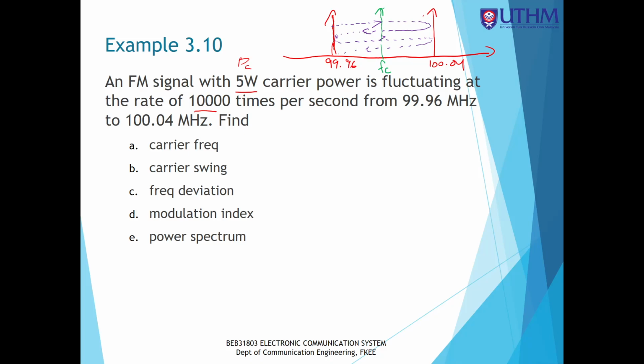So what does 10,000 mean? It is referring to the modulating signal frequency. Remember, only the input modulating signal will change the frequency of the carrier. So the frequency of the carrier changes in accordance with the variation of the input.